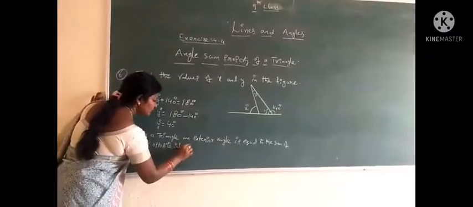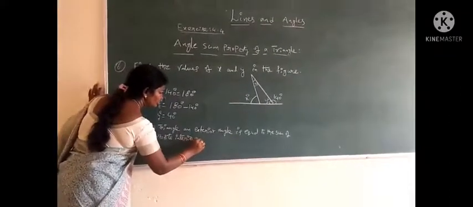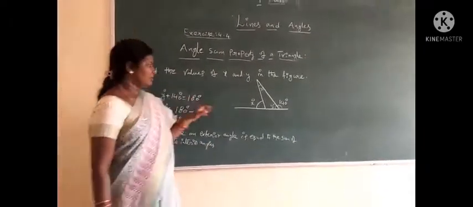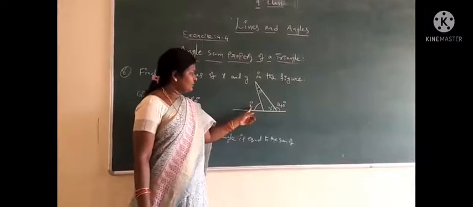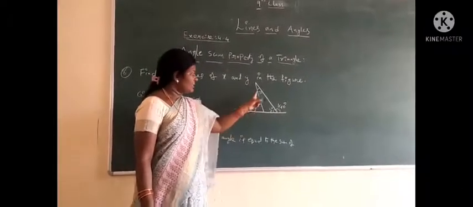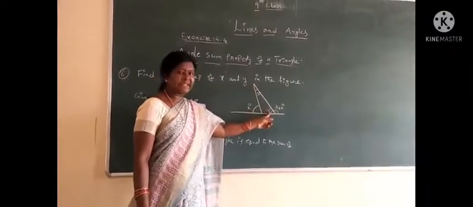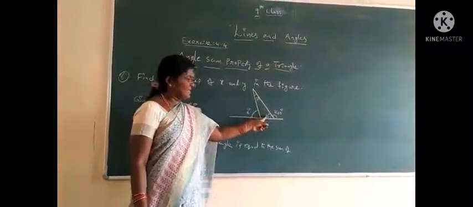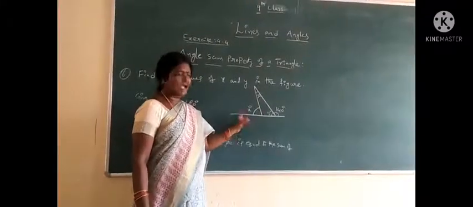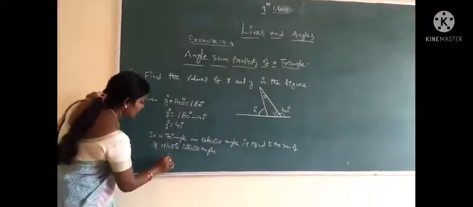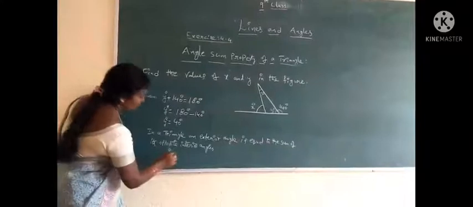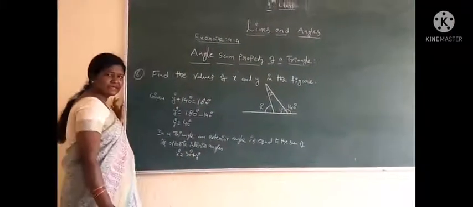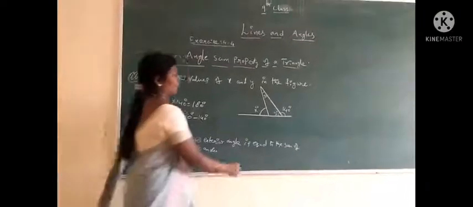These two angles are interior angles. This angle is the exterior angle. The sum of interior angles is equal to the exterior angle. So, x degrees is equal to 30 degrees plus y degrees.